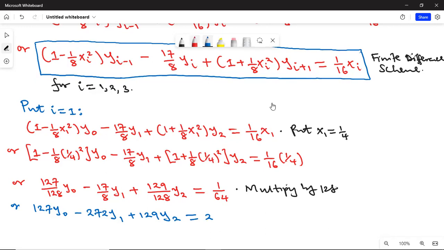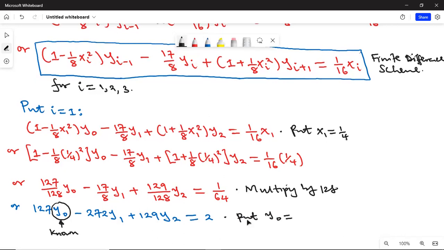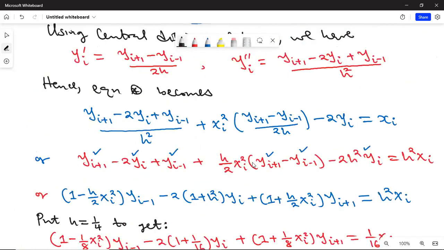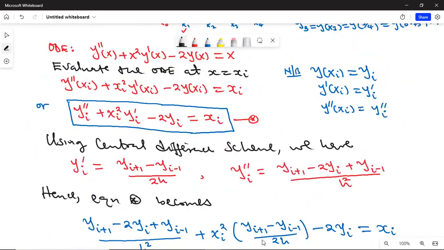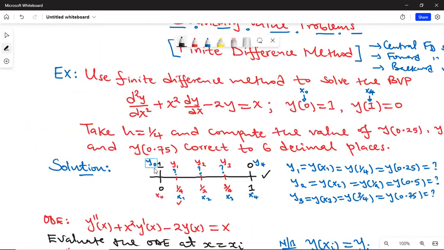And we know the value of y naught, so this is known because it is given from the boundary condition. The y1 and y2, we don't know them. So what we know, let's replace it. So put y naught, what was it? Look at your boundary conditions or whatever we drew here, that our y naught was equal to 1.